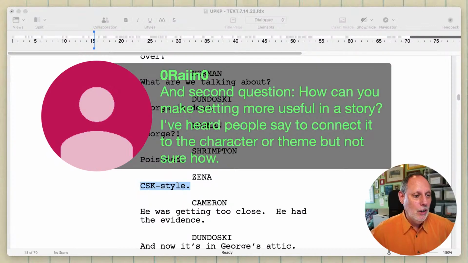Second question, how can you make a setting more useful in a story? I've heard people say connected to the character and the theme, but I'm not sure how. Well, this is actually pretty easy. Here's how you do this. The character needs to interact with the setting, needs to be imposed upon or making a change in the setting.